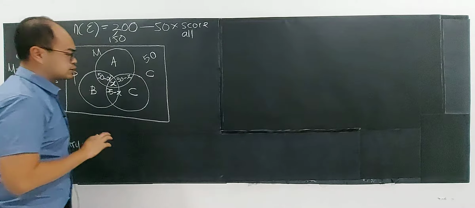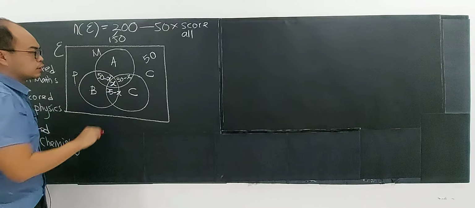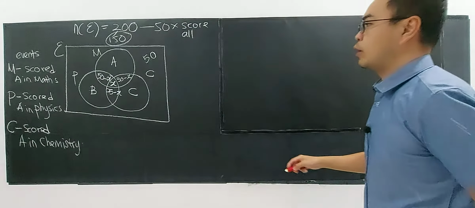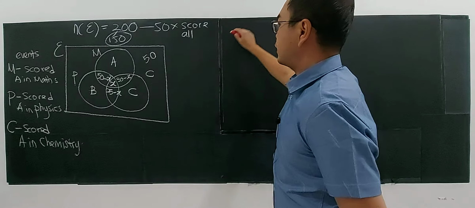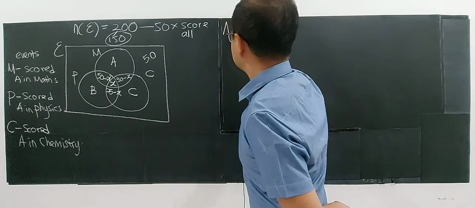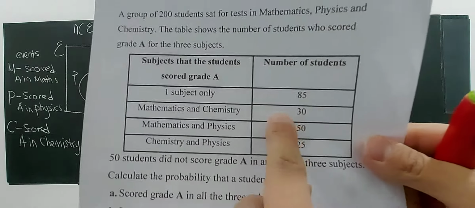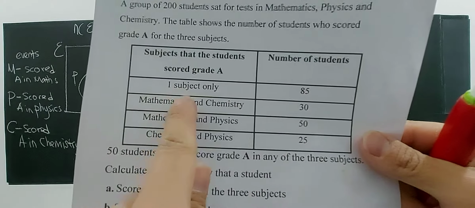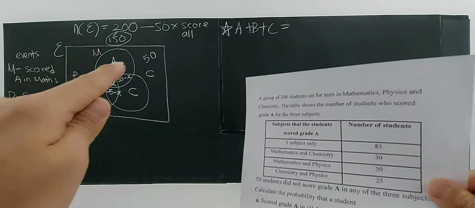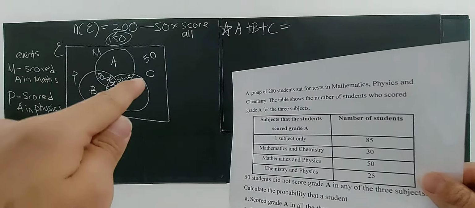Now the most important thing is the total of every single number here will give you the value of 150. You know that A plus B plus C must be 85, the 1 subject only. 1 subject means A scores in mathematics only, B scores in physics only, and C scores in chemistry only.